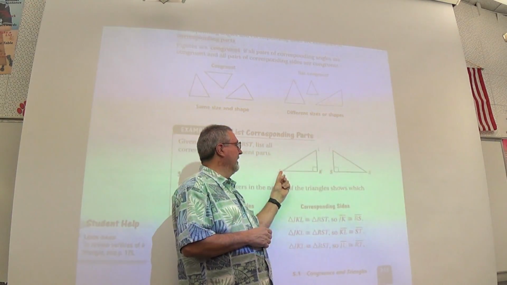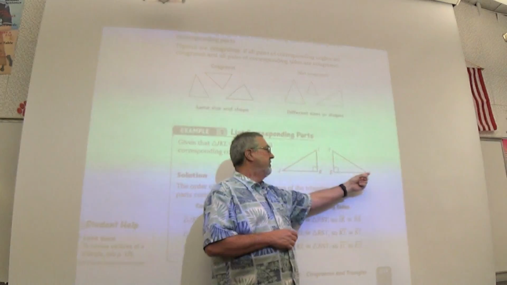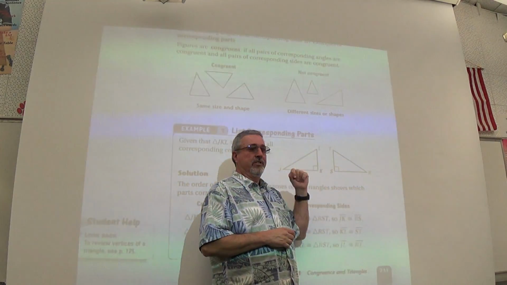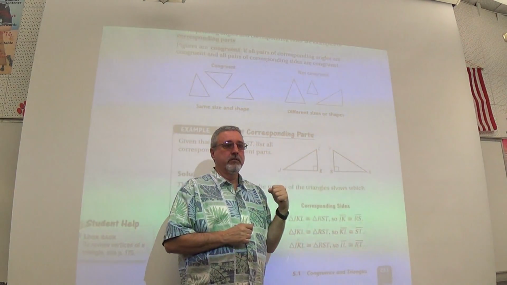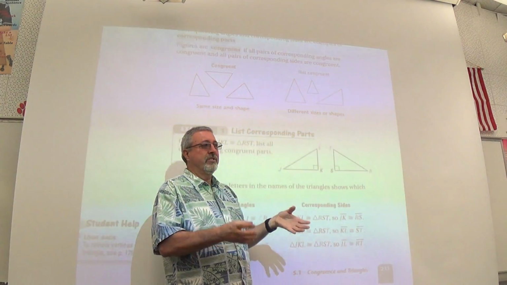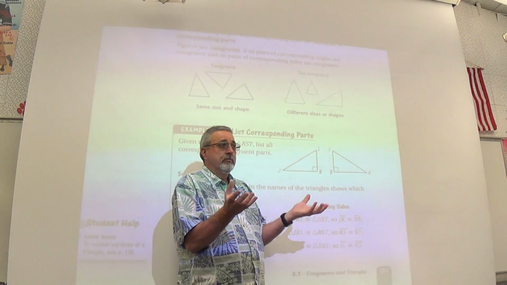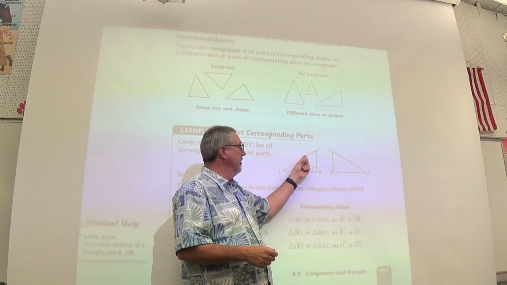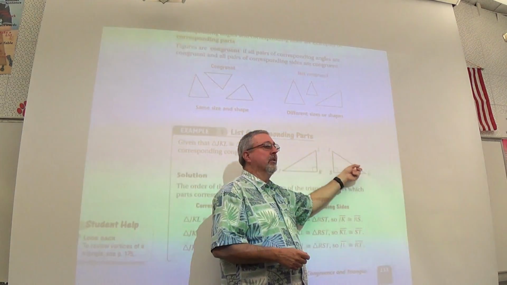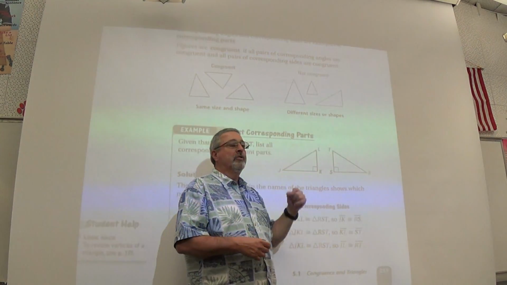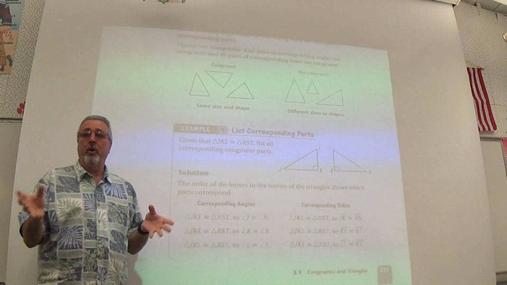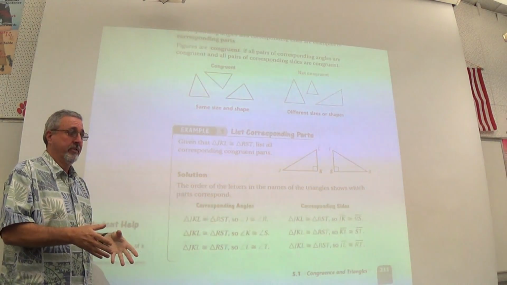She said if I start here and list this side, would I have to start here and list this side? The answer is yes. It's got to be listed the same way in both. If I start at the bottom here and go to the top one, I have to start at the bottom here and go to the top one. So the way that you list those parts is going to make a difference.